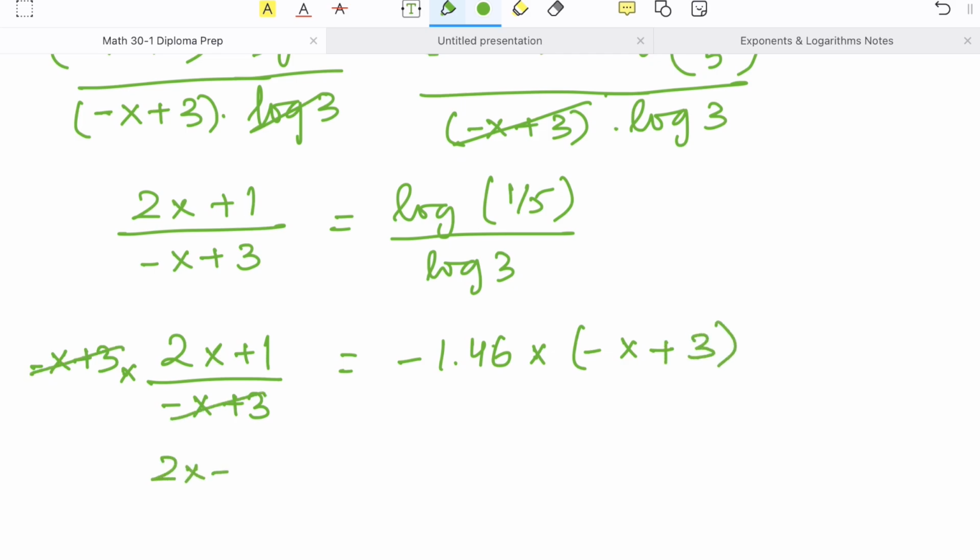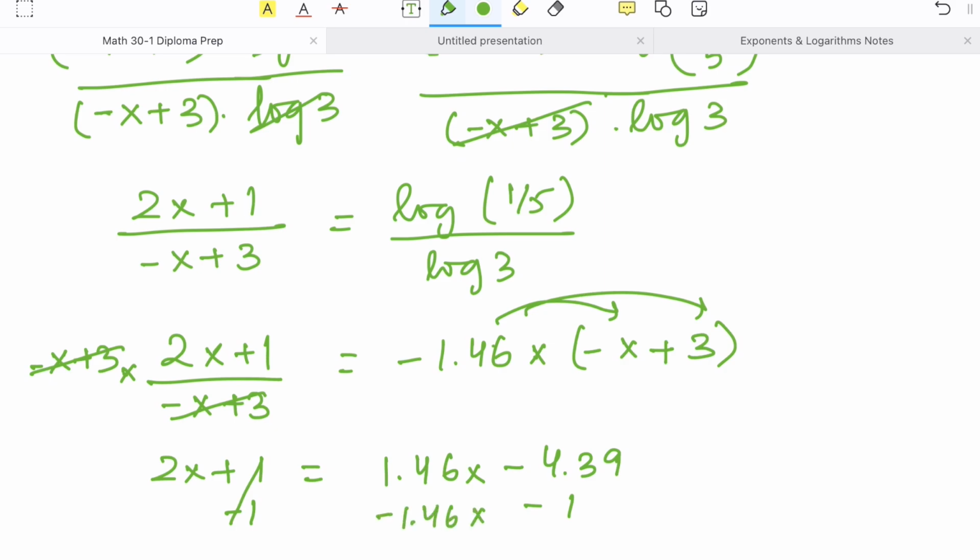We have 2x plus 1 is equal to, we can distribute it, we get negative 1.46x minus 4.39. And then we need to isolate our x, so let's subtract 1 on both sides, and add 1.46x on both sides.